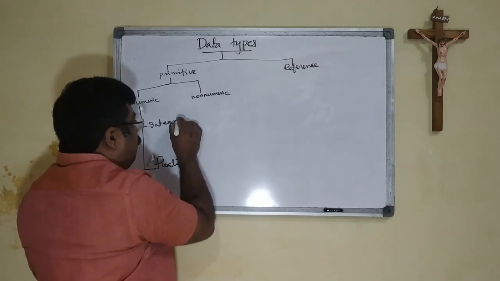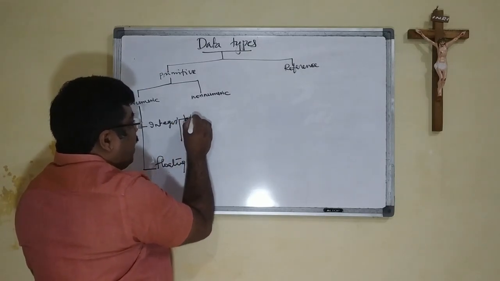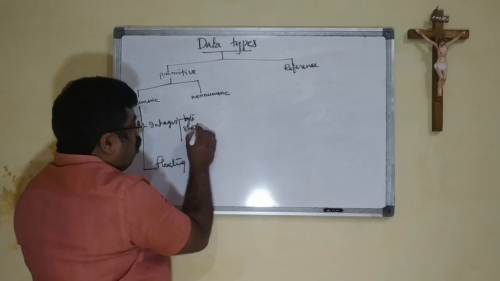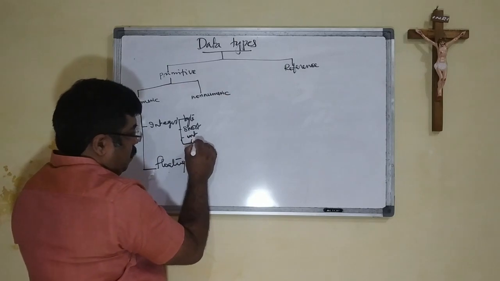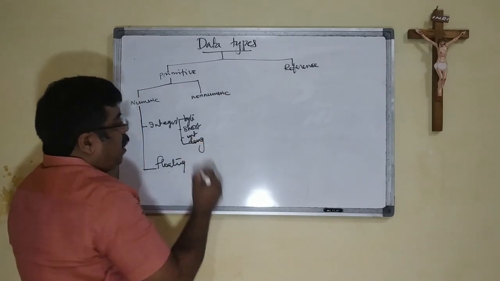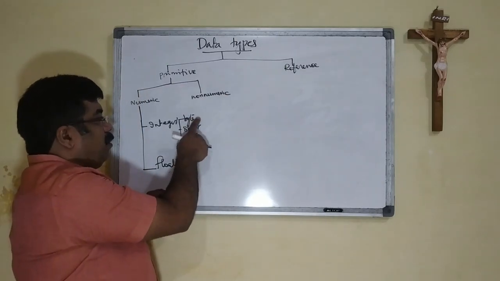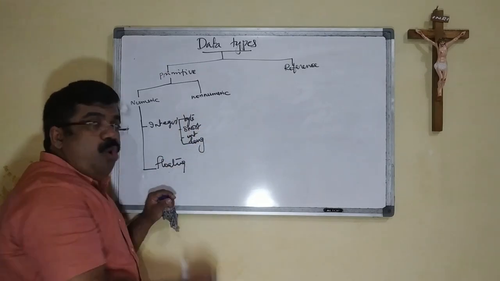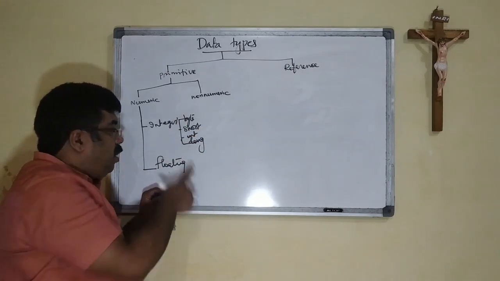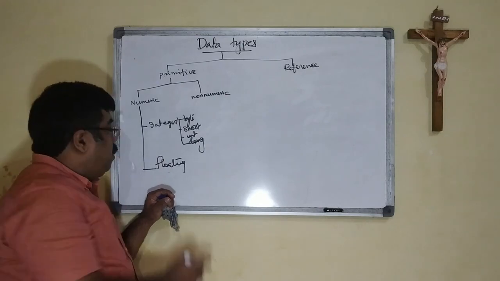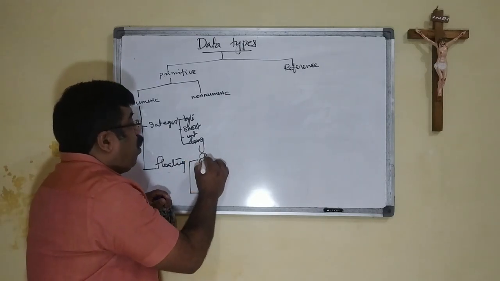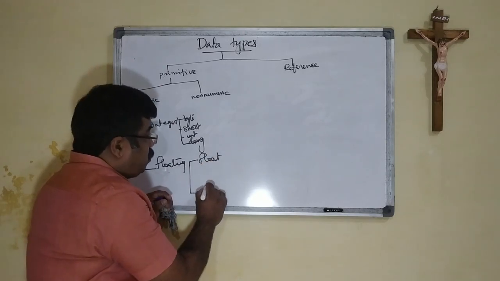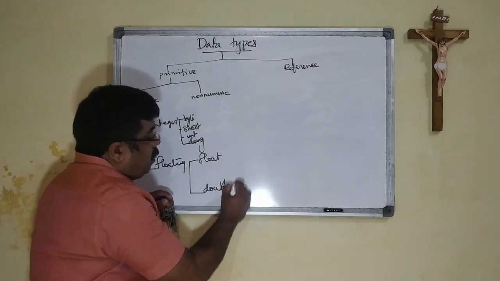In the integer ones we have byte, short, int and long. Byte, short, int, long. In the floating ones, we have float as well as double.